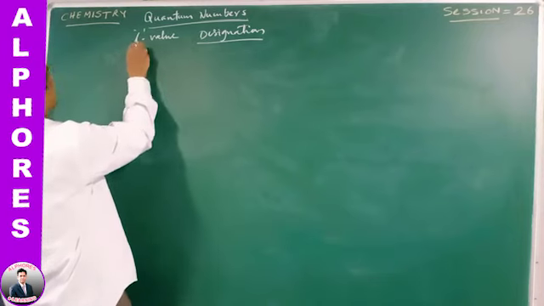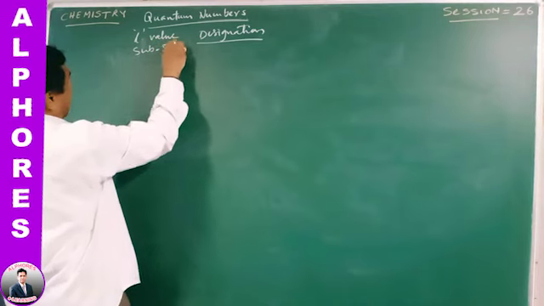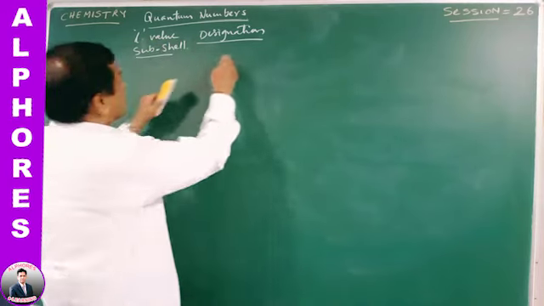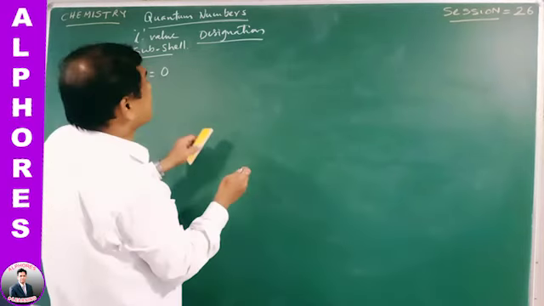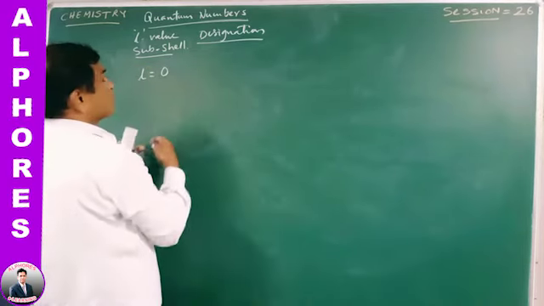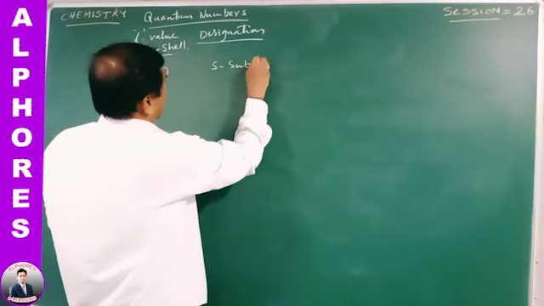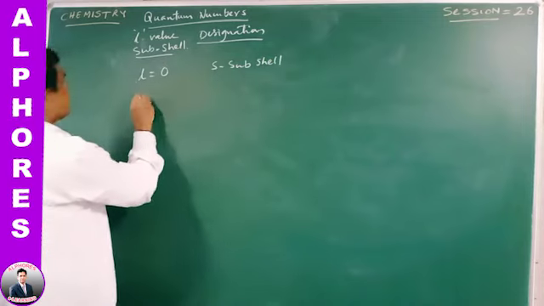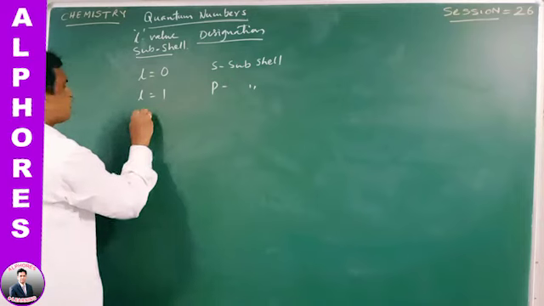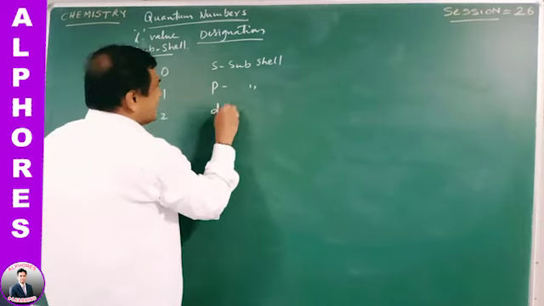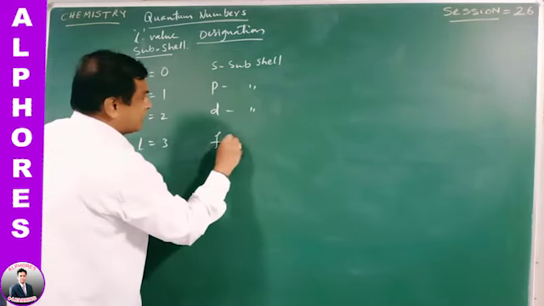L equals 1 is the P subshell. L equals 2 is the D subshell. L equals 3 is the F subshell.